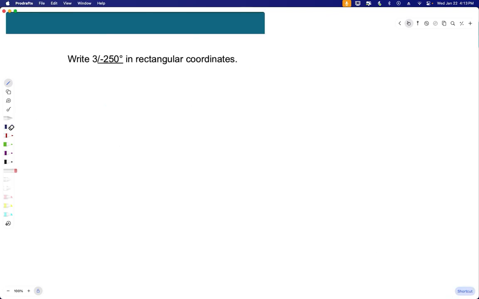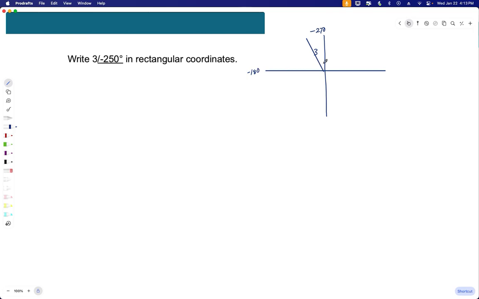All right, so we have another one of these. So again, we'll figure out where it lives in the system. So we've got negative 90, negative 180, negative 270. So negative 250, that's going to be 20 degrees before this. And we have a hypotenuse of 3.